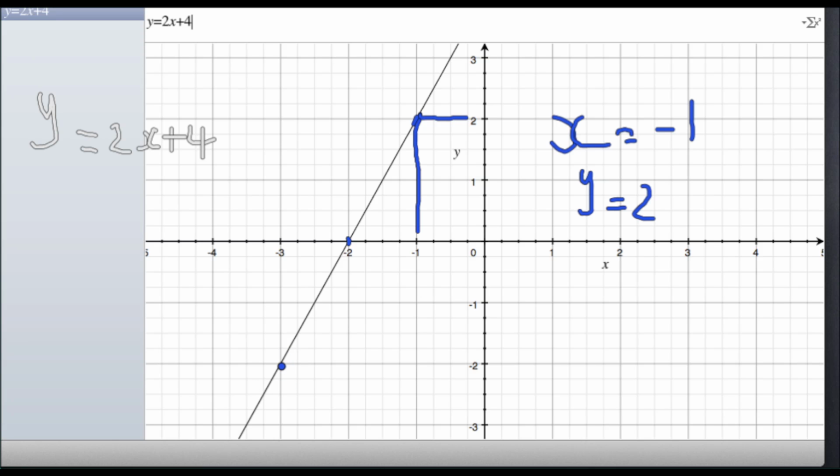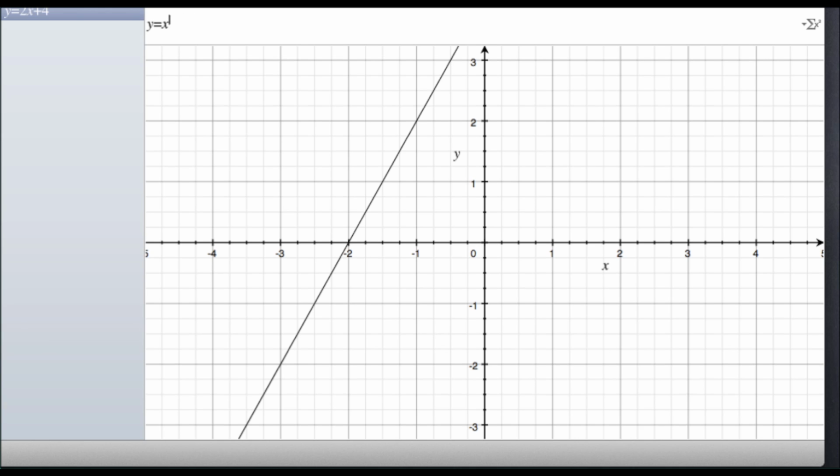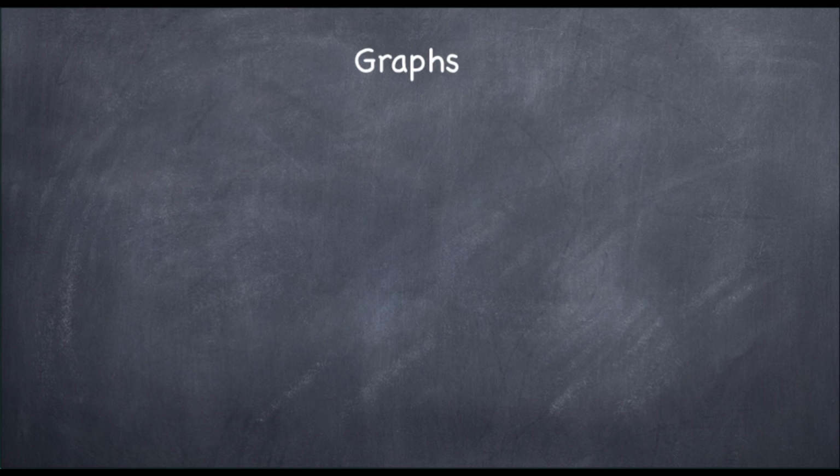But some graphs are a bit different. Alright, let me say goodbye to that. Now let's look at a graph, for example, y equals x squared.